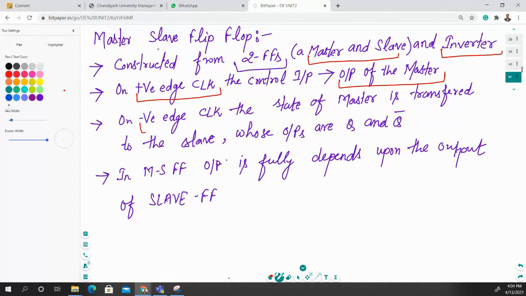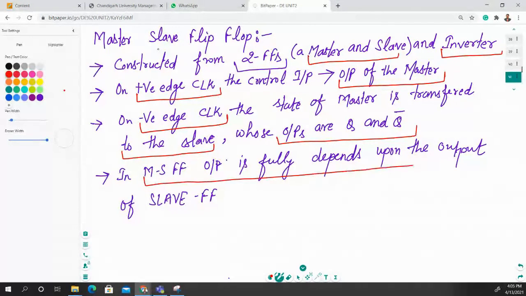And when you apply the negative clock signal to the clock of the state of the master, this is transferred to the slave. So the output is given as Q and Q bar. In a master slave flip flop, the output totally depends upon the slave configuration of the flip flop.